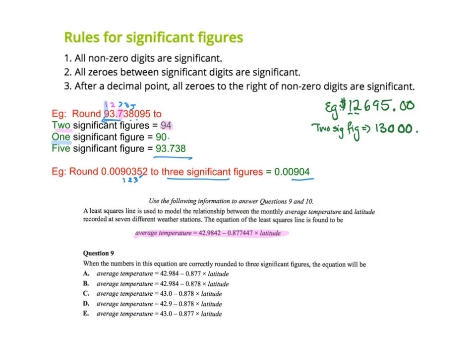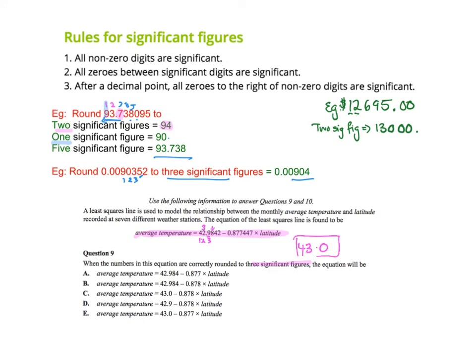And they've asked us, when the numbers of the equation are correctly rounded to 3 significant figures, the equation is. So that'd be 1, 2, 3. Now, because that's an 8, that guy's going up. So what would that go? That means it goes to the 3 here. So that one's going to be 43.0.